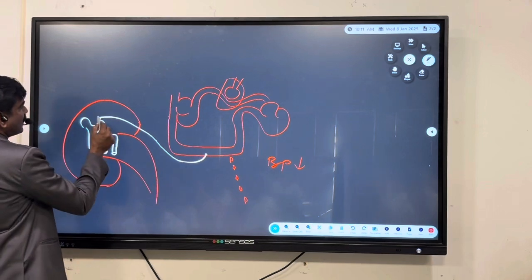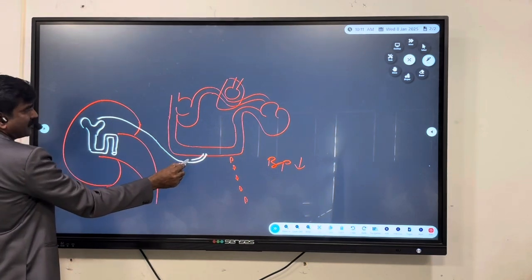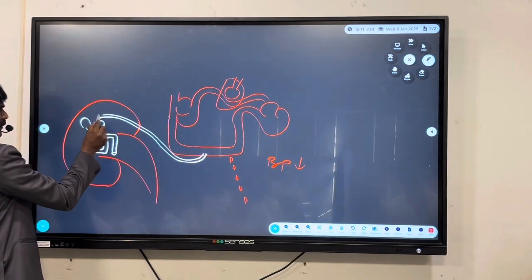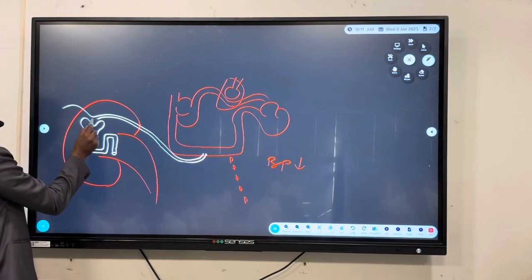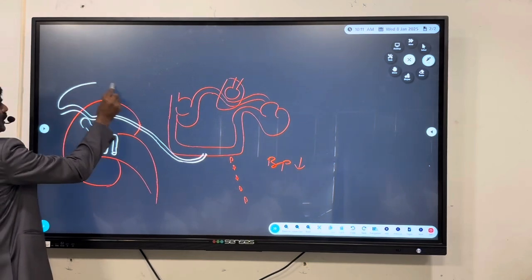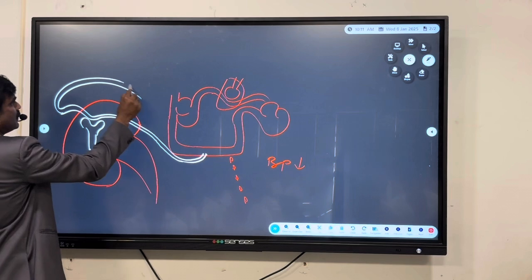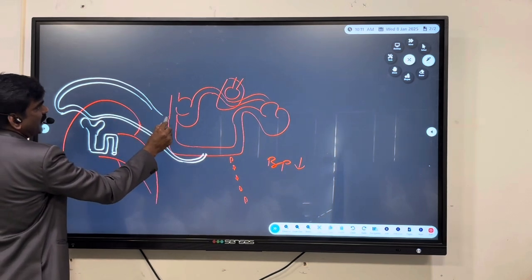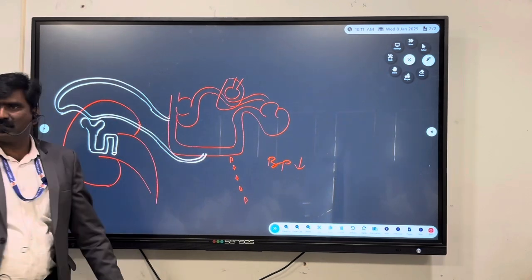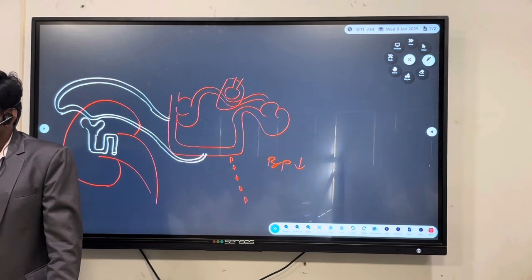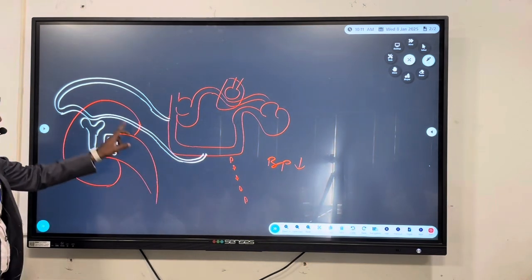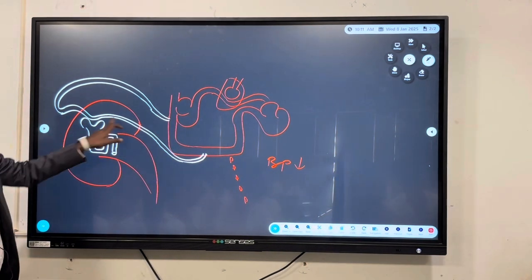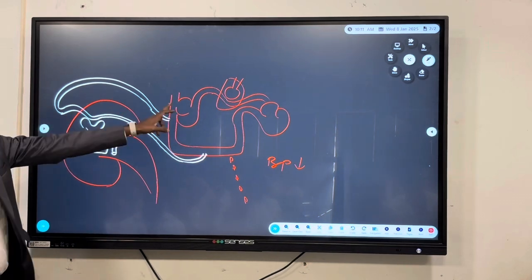So this is the renal artery, afferent arteriole, and this is the efferent arteriole, and the efferent arteriole will become the renal vein, and it will go back to the circulation. Right? So this is the renal artery, afferent arteriole and efferent arteriole.